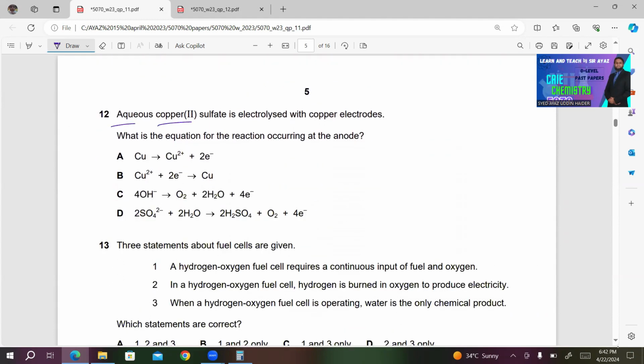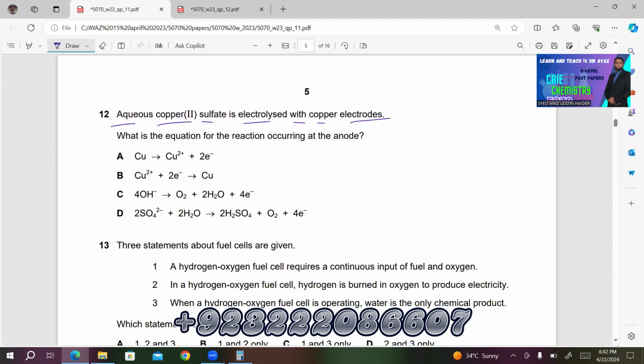Number 12, aqueous copper 2 sulfate is electrolyzed with copper electrodes. What is the equation for the reaction occurring at the anode?